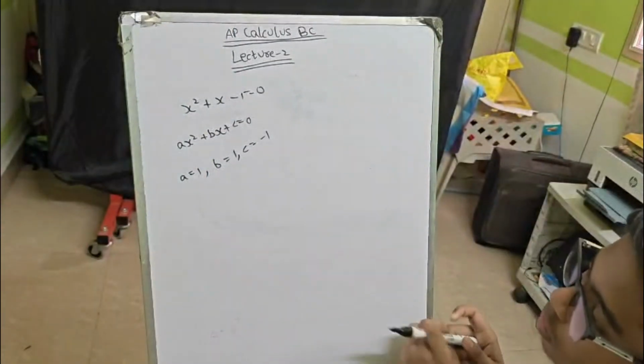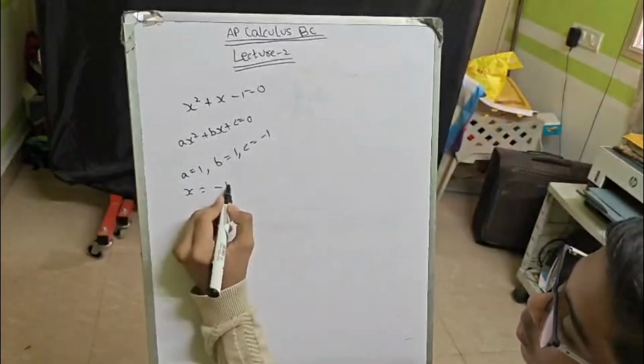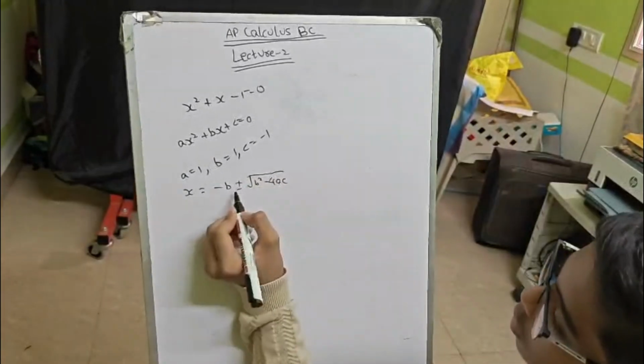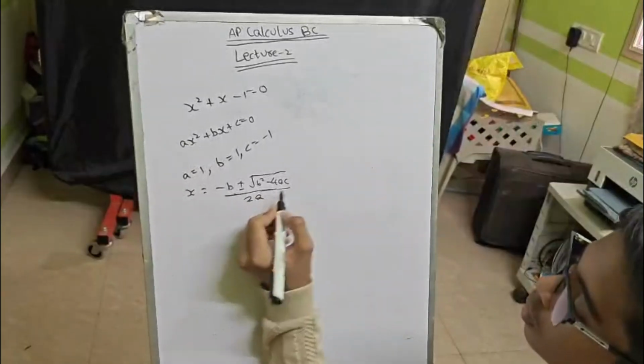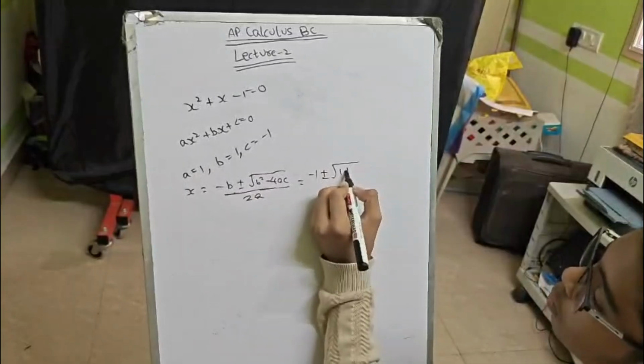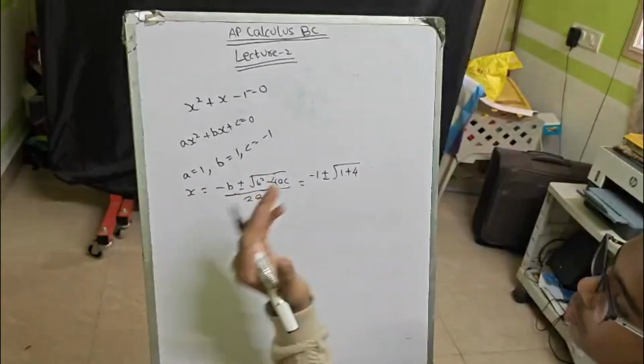So x equals minus b plus or minus the square root of b squared minus 4ac, by 2a, which equals minus 1 plus or minus the square root of 1 plus 4, because 4ac, so minus times minus is plus, right?